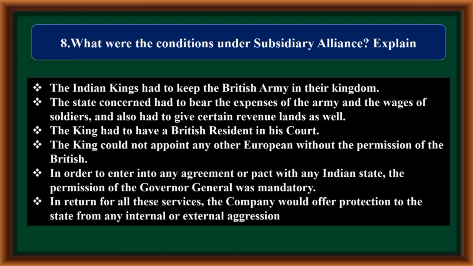The king could not appoint any other European without the permission of the British. In order to enter into any agreement or pact with any Indian state, the permission of the Governor General was mandatory. In return for all these services, the company would offer protection to the state from any internal or external aggression.